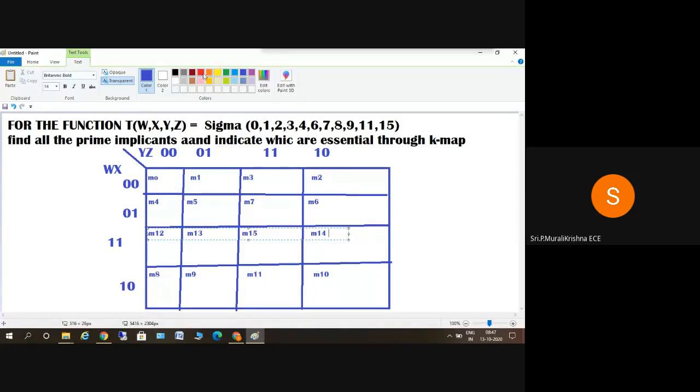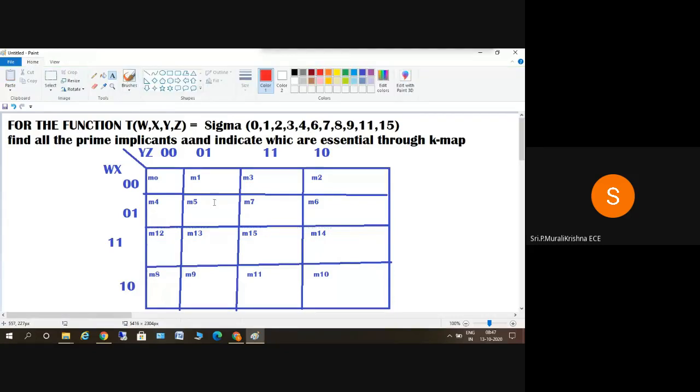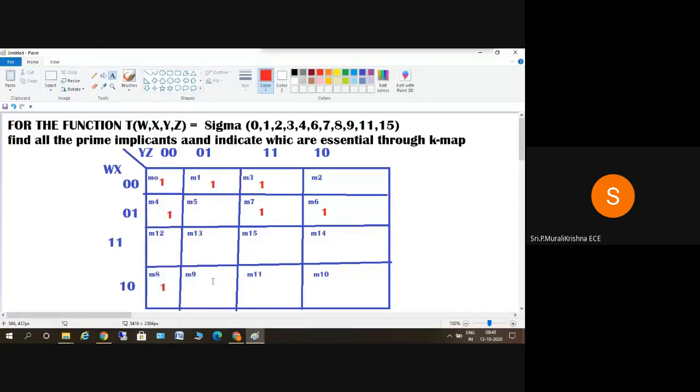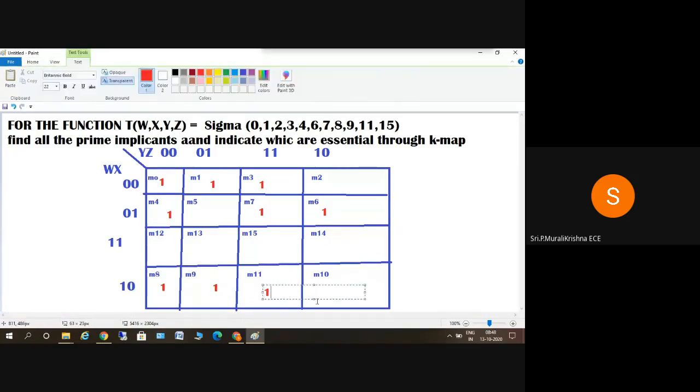So what are the minterms here? 0 is 1, 1 is 1, 3 is 1, 4 is 1, 6 is 1, 7, 8, and we have 9, 11, 15.